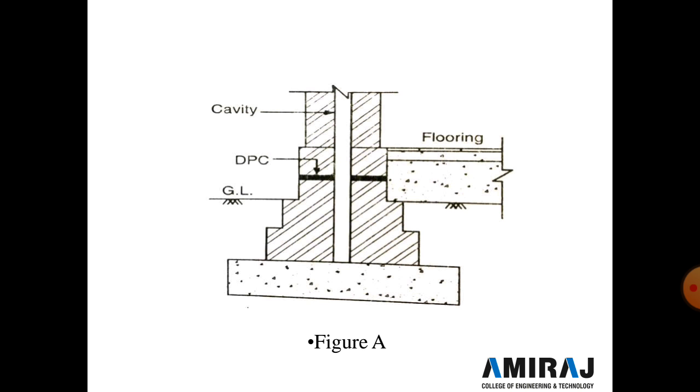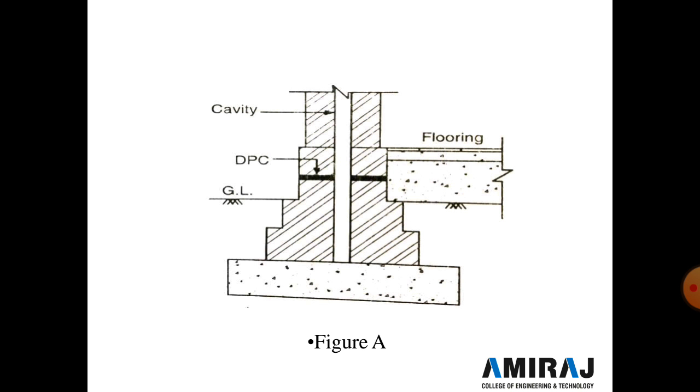In this figure, the position of the cavity at a foundation level. At the foundation level, from the PCC work we start a cavity, and we carry the cavity up to the top of the slab. So now see this figure.